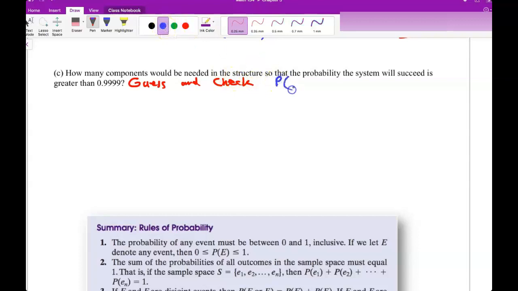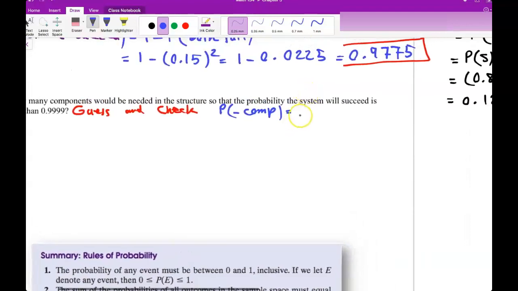I don't know how many components we should have to have this probability equal to 0.9999 or more.